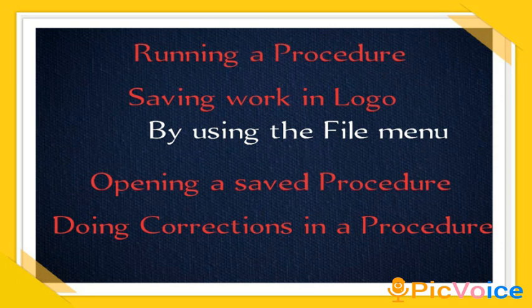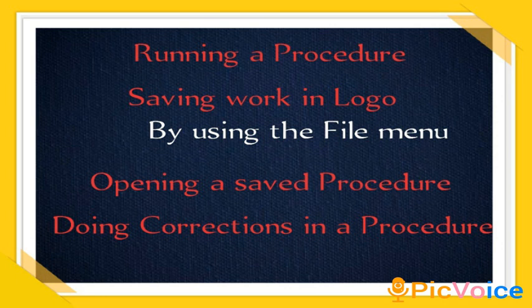Then, by using the file menu, how can we save the procedure? By using the file menu, we have to follow 3 steps, and according to these three steps we can save the procedure in secondary memory. Step 1 is click on the file menu. Then we will see a drop down menu and select the save option.